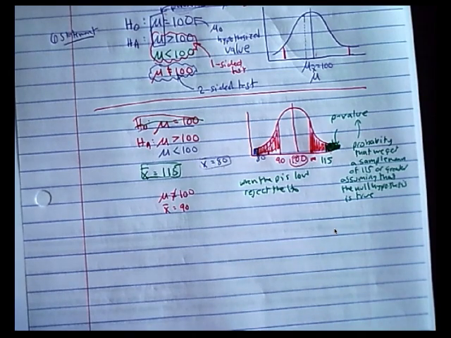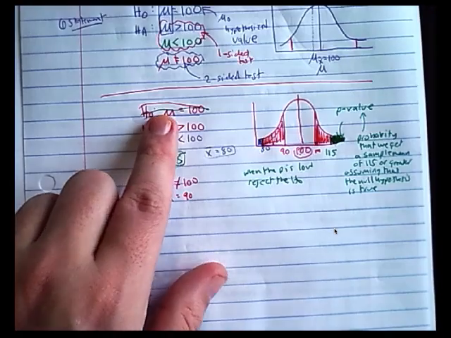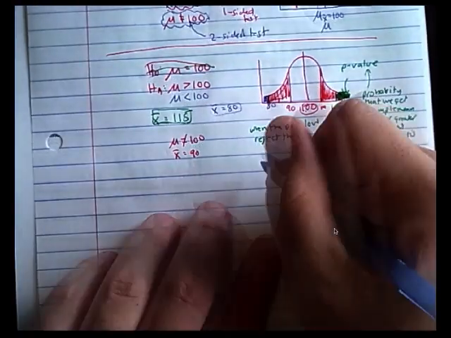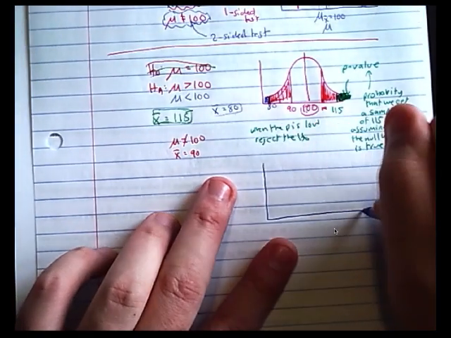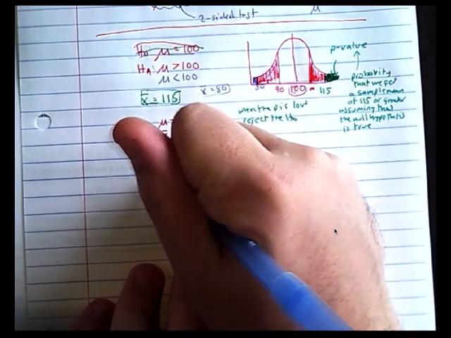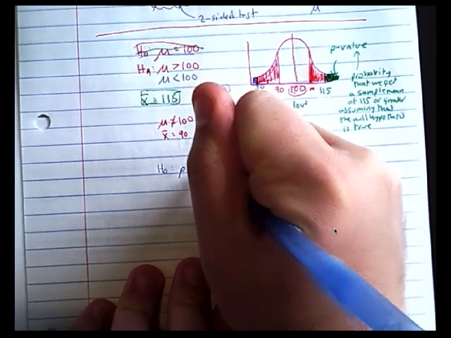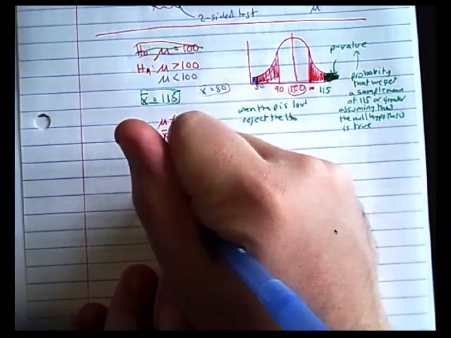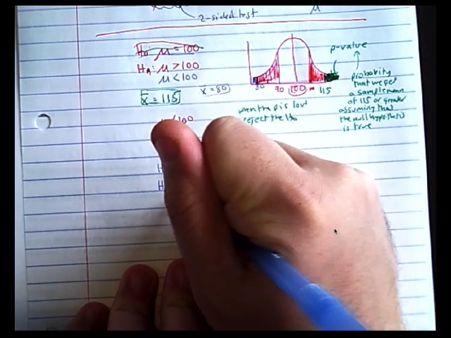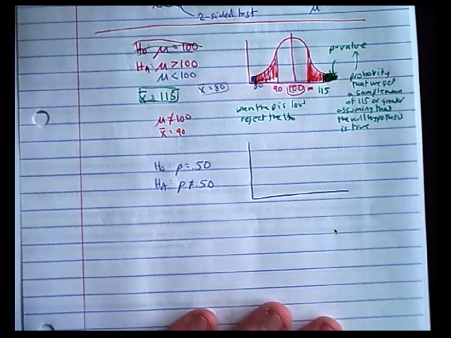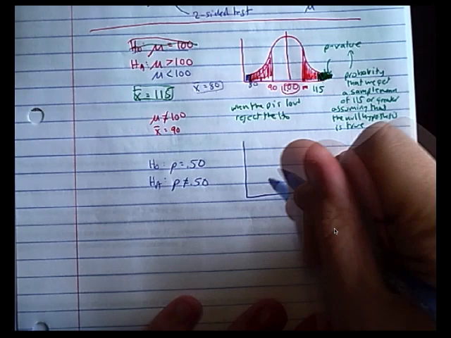That's the whole point. And it could be for means, and it works exactly the same way with proportions. So for instance, if someone told you that in the presidential election, 50% of the people voted for Trump or Hillary, and you don't believe that, that's how you would write your hypotheses. It's all based on normal curves.